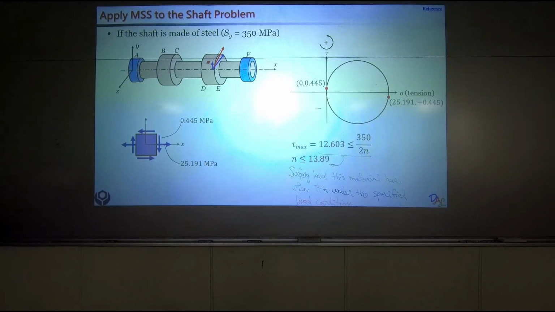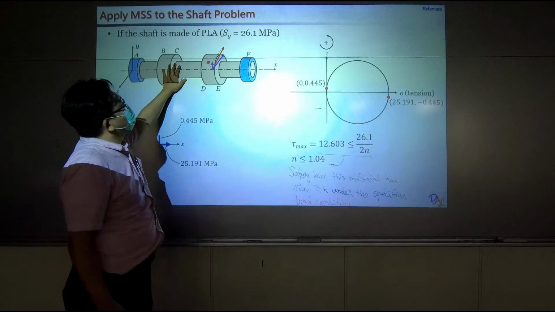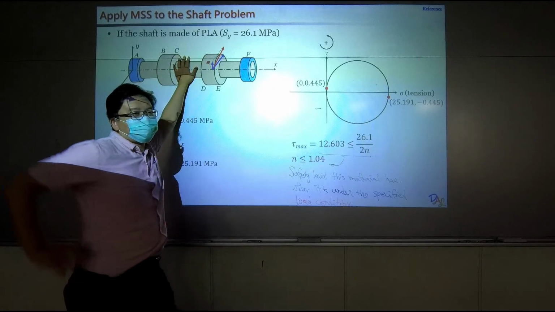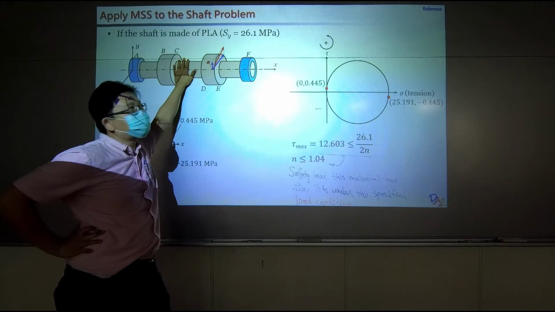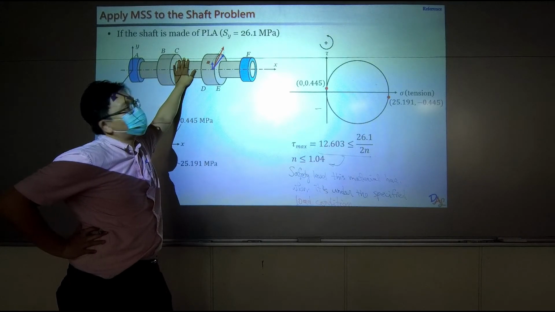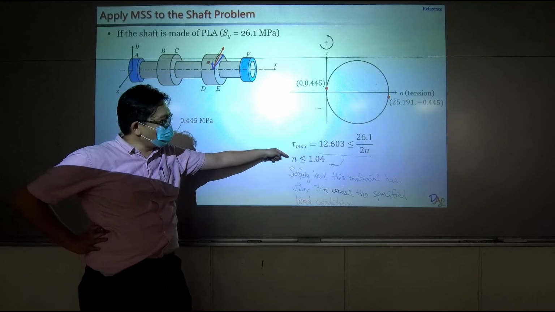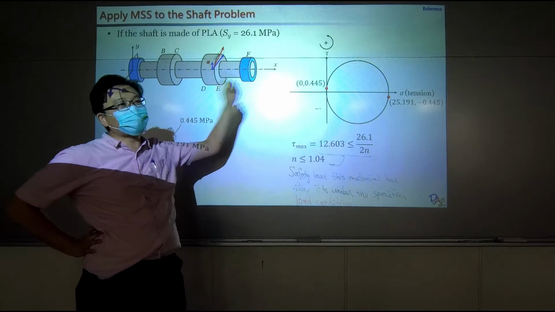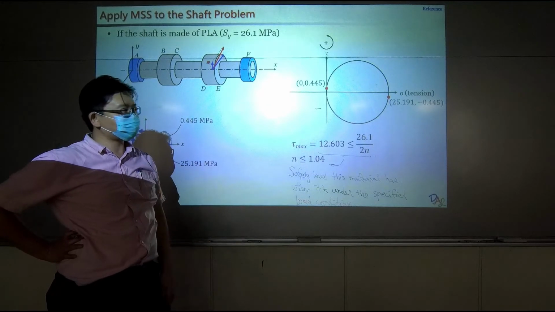It's too safe. But what if we have 3D printing for this? PLA is a very popular 3D printing material, and typical yield strength is around 26 megapascal. You can see the safety level greatly reduced to around 1.